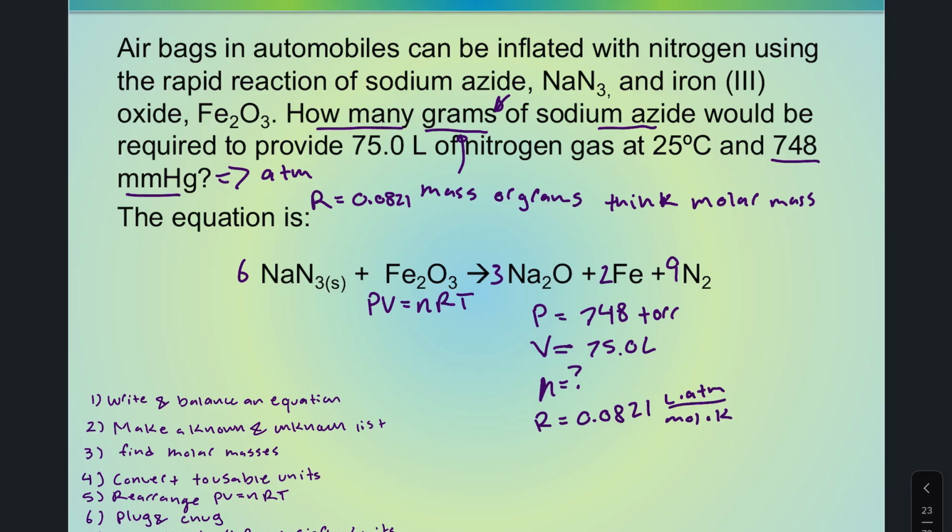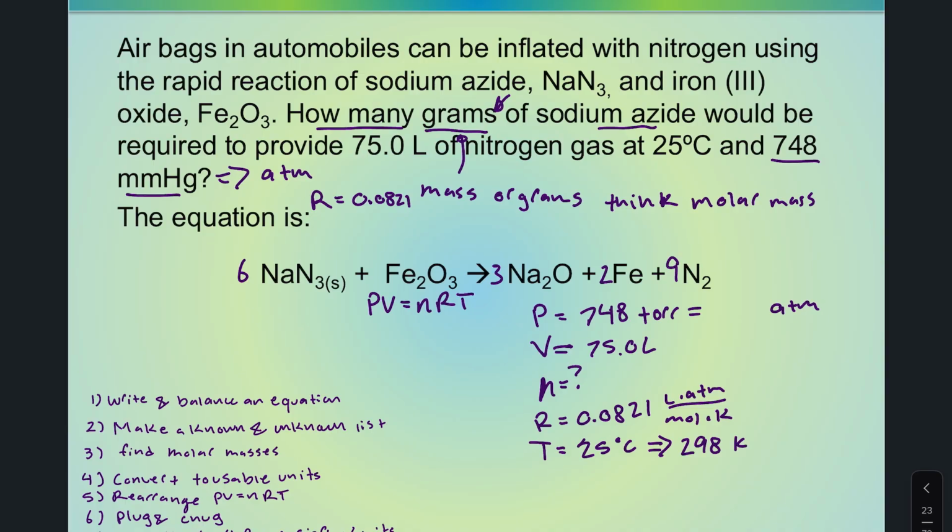So I'm going to put this and say atm. Now, the T we do have as well. It is 25 degrees Celsius, and I do have this value memorized. We need this in Kelvin because the units are in Kelvin down here. And so that's going to be 298.